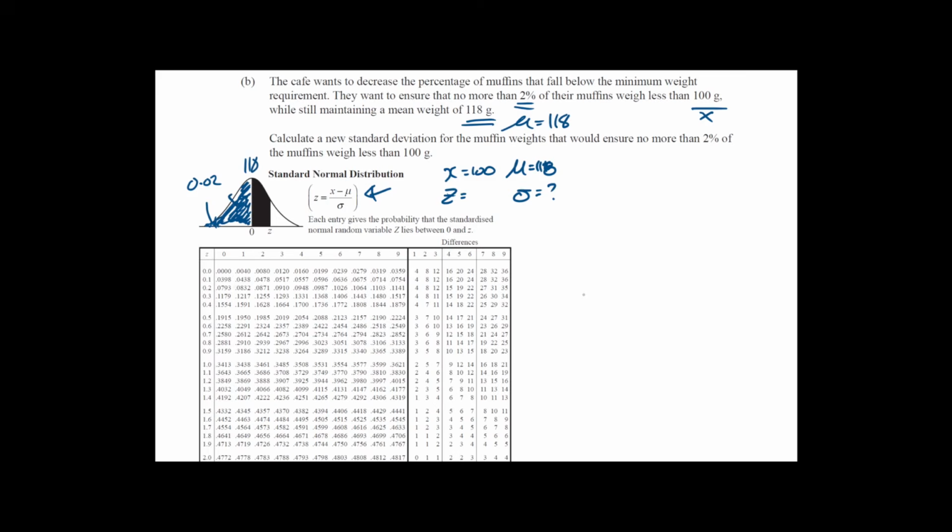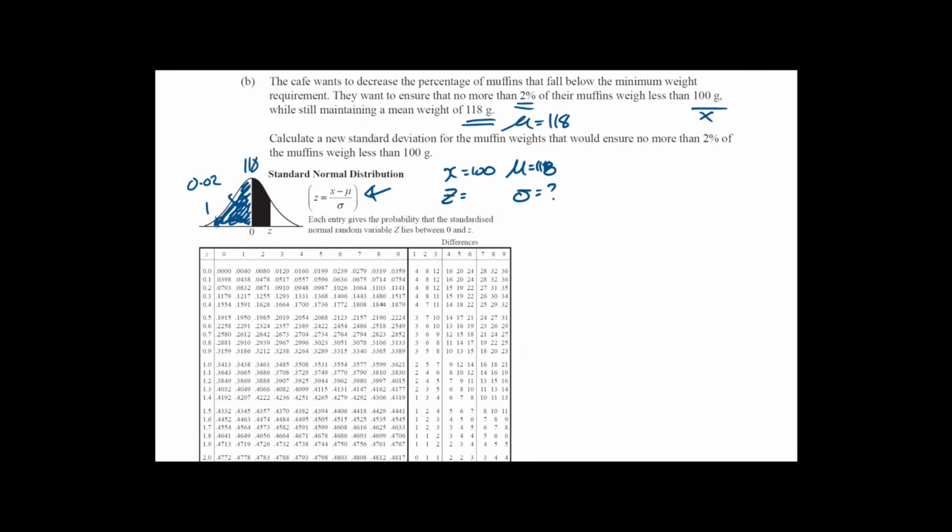We want the z-score that goes with that particular area there. What these give you is this area in black here. So the z-score we're going to get is going to be negative because it's to the left. This is a lot of stuff to remember, and it is a real pain in the neck.